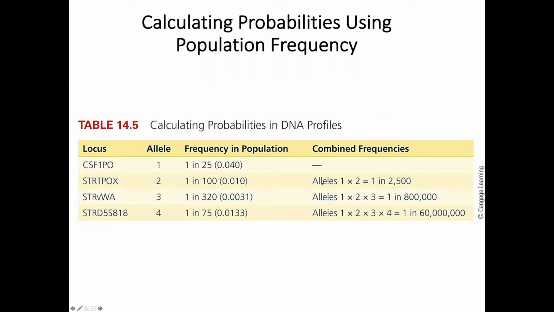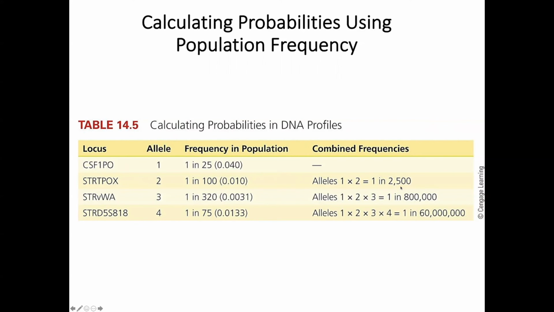So in this case, the combined frequency of a person matching specific patterns of both CSF1PO and STR TPOX is 1 in 2,500.